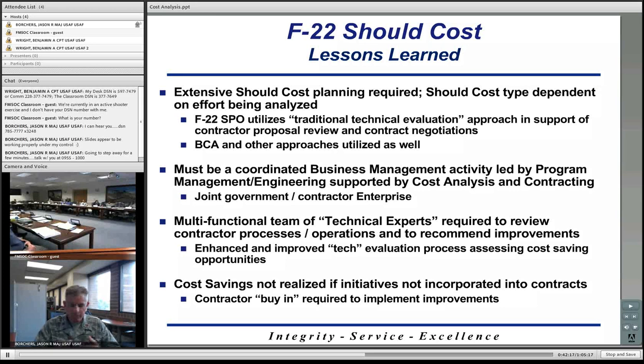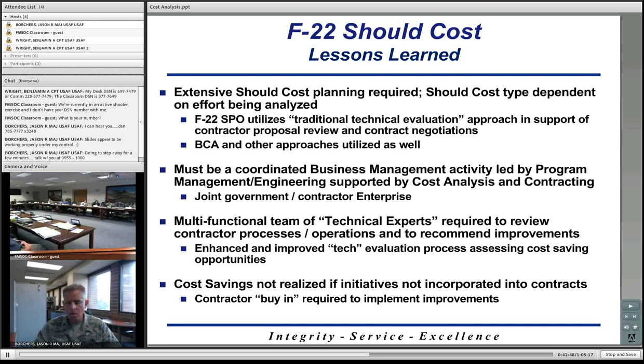And then finally, the cost savings won't be fully realized if the initiatives that they're coming up with now are not incorporated into future contracts. If you remember that 18% that we're talking about, that assumes that all of the initiatives they're looking at now are going to be implemented by the contractor and incorporated in order to change their processes.